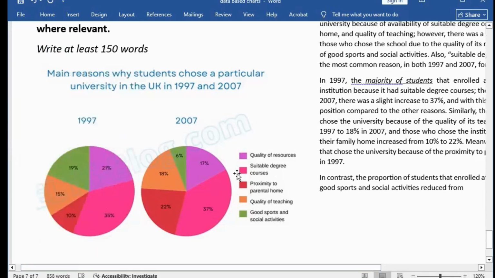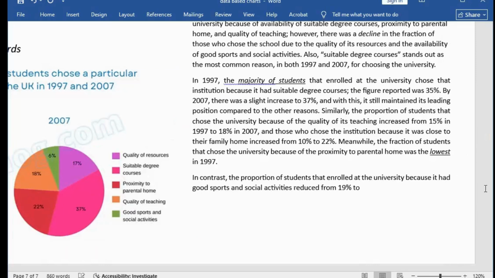Yes, 19% to what? From 19% to 6%, making this the least common reason for enrolling in the school in 2007.